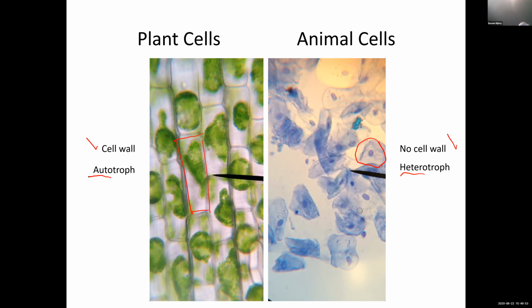If we were in lab, you'd get to see your very own cheek cells, but you'll have to wait for another day, or maybe you did that already in Bio 120.